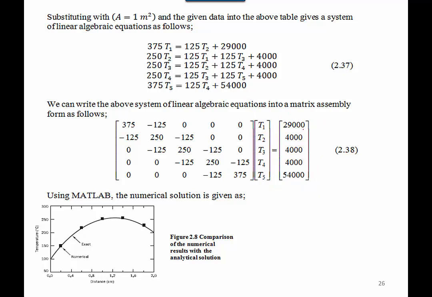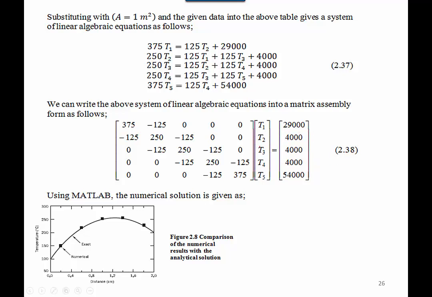In example 1, the internal nodes had no source values, therefore SU was 0. But here, since we have a heat generation term, the internal nodes also have an SU value.